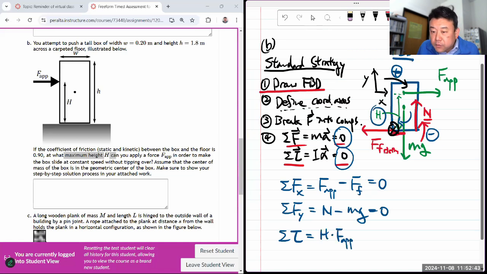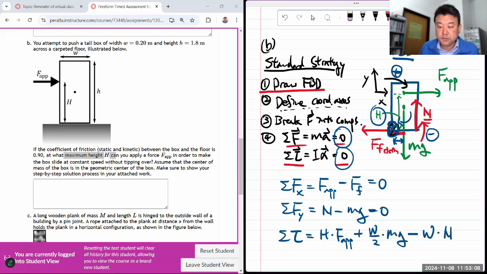My lever arm for gravity, the perpendicular distance, is going to be half of the width of the box, so plus half of the width of the box times the gravity, mg. And then the normal force will be minus the full width of the box times the normal force. And that should equal 0.